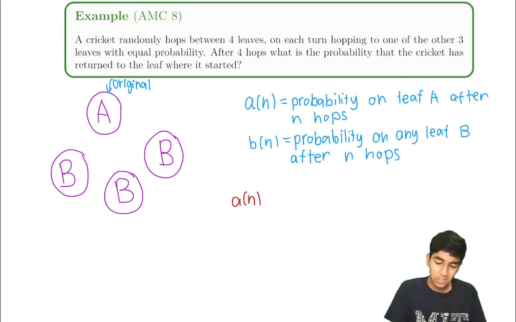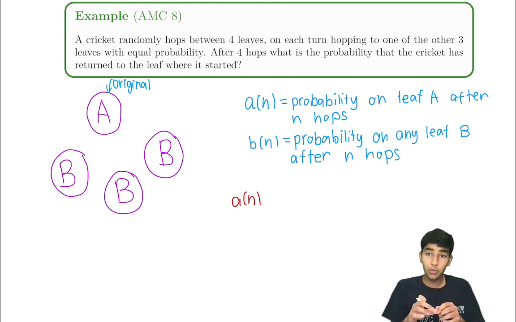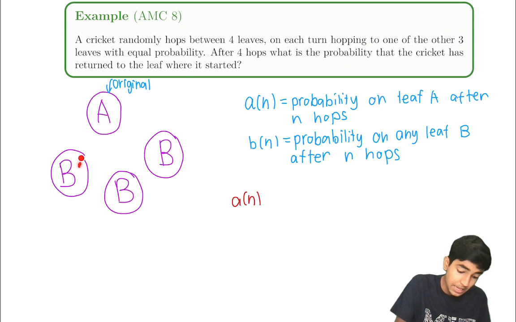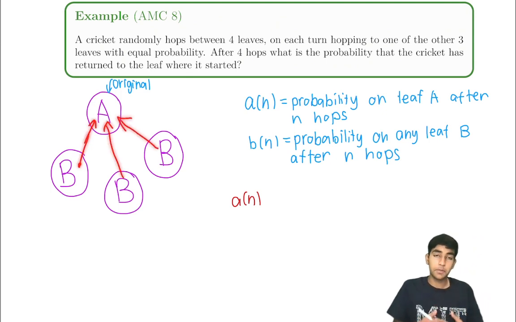So directly looking at n hops and trying to construct from 0, basically the idea is, because probability after n hops, we look at the ways it can reach A after n hops. So how can it reach A after n hops? Well, the only way to reach A is from a B leaf, right? From a B leaf, it must jump to A.